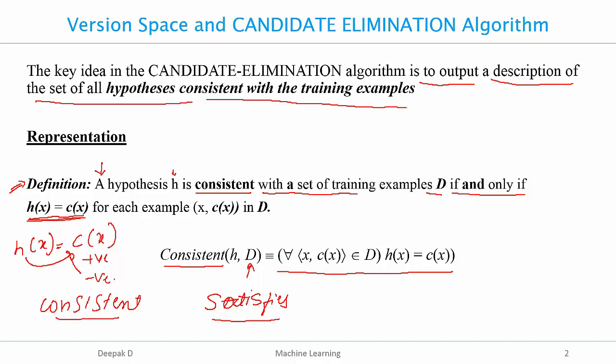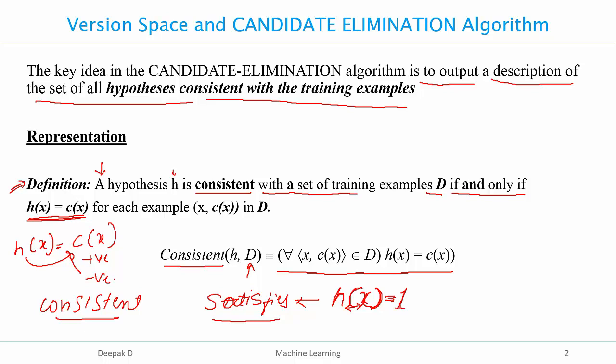We say that an instance x satisfies the hypothesis when h(x) is equal to 1, which means the hypothesis meets all the constraints of the instance.